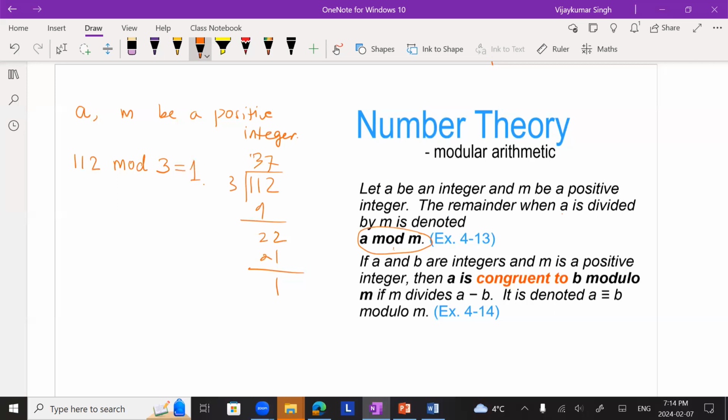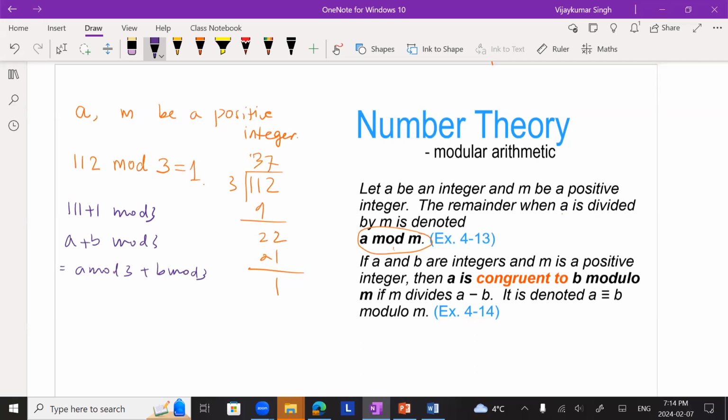Now here's a faster way of doing this. Again, we'll discuss these techniques later on. Can I do 111 plus 1 mod 3? If I had a result that A plus B mod 3 is A mod 3 plus B mod 3, then I'm done. Why?